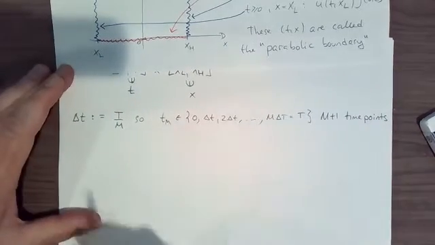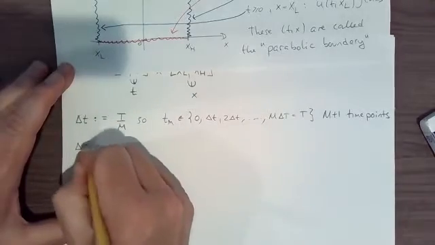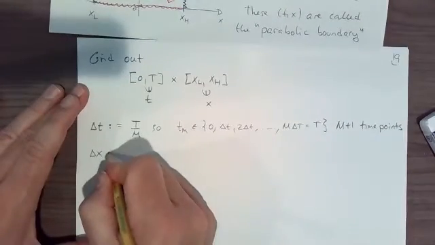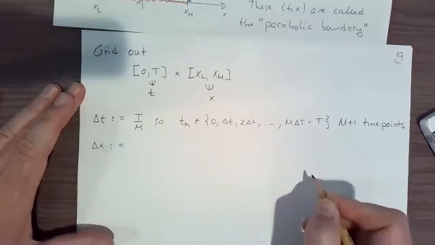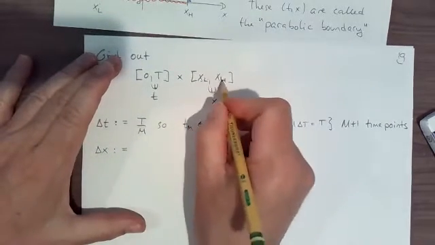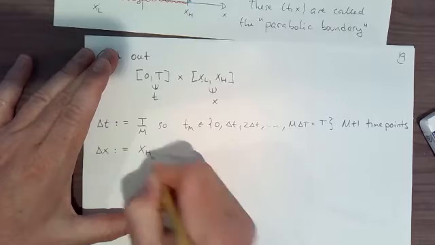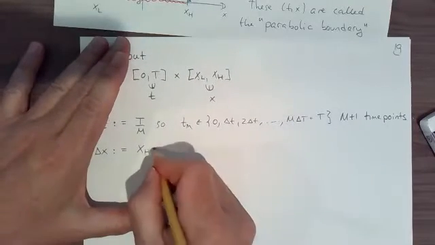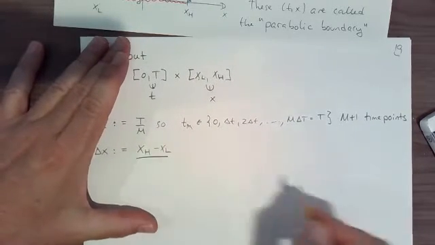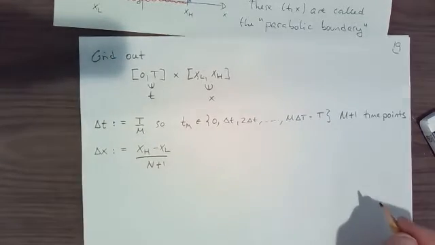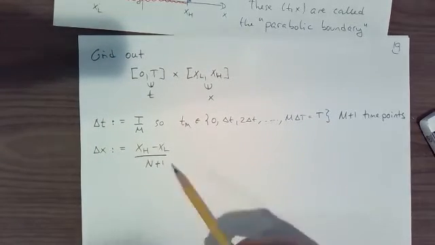We'll also have an x variable, the one that lives over here. The convention I'm going to use is to take the difference x_h minus x_l and divide by n plus 1. This is just a convention.